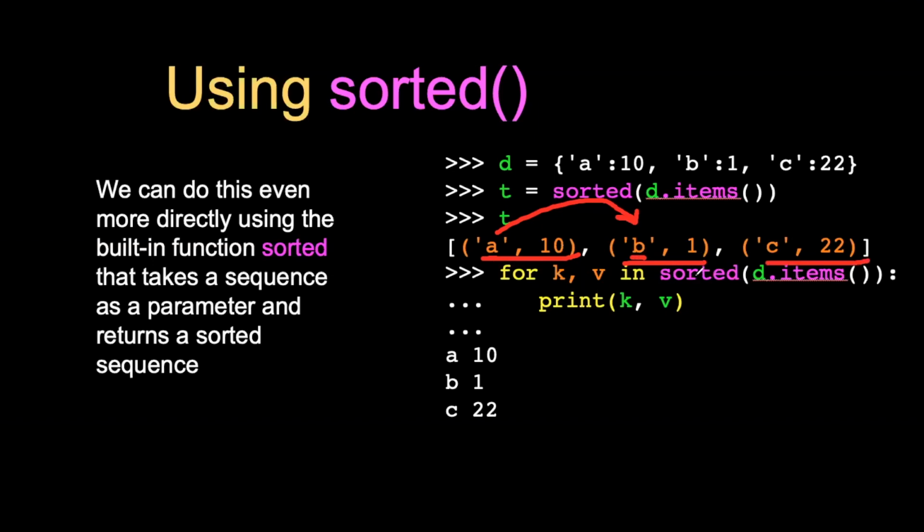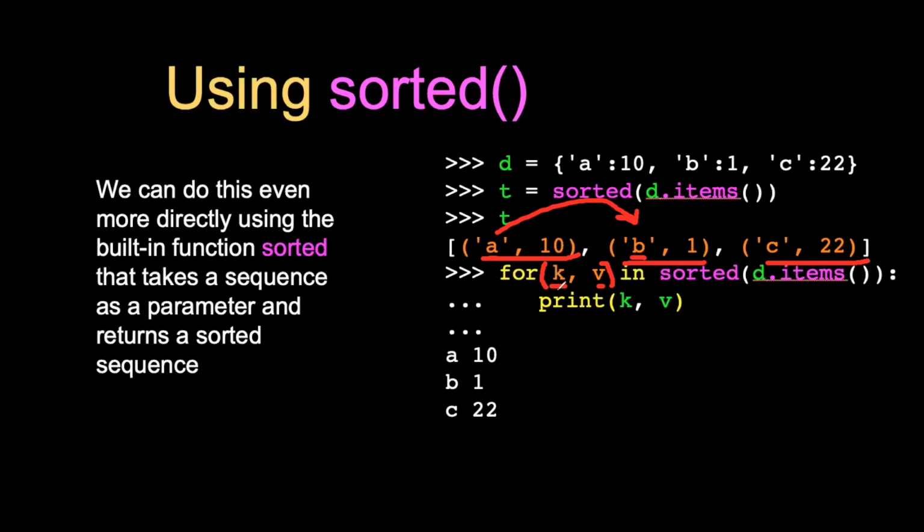Now you can use the sorted elements here. Basically, the sorted result gives you A10, B1, C22, and you can fetch K and V. If you want to put them in parentheses, fine too. It doesn't really matter. But if you put them in parentheses, that means your entire expression, or the member itself, is a tuple, but it is not.